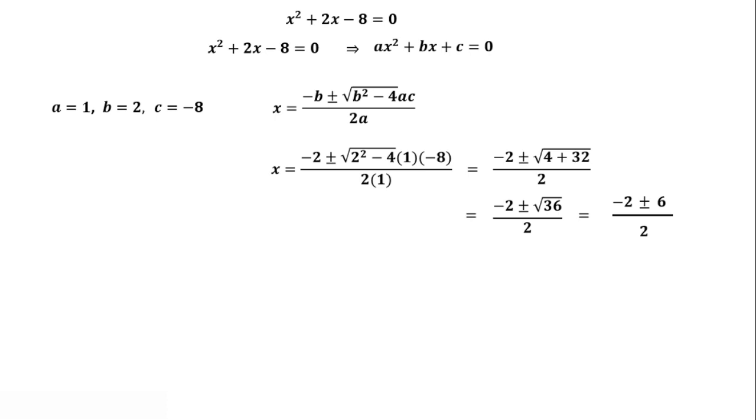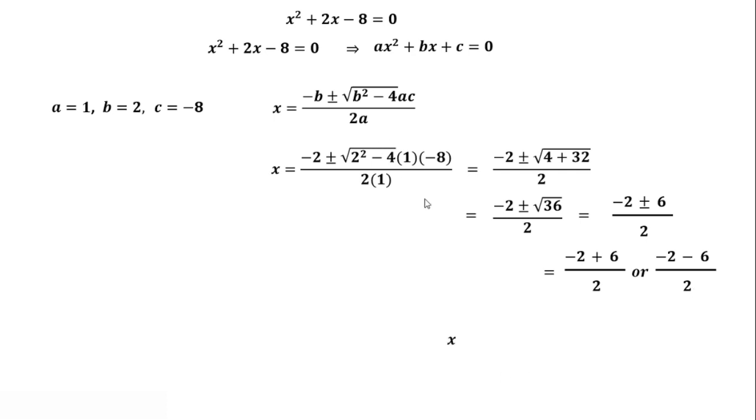So to simplify negative 2 plus or minus 6 over 2, we are going to get negative 2 plus 6 over 2, or negative 2 minus 6 over 2, because of this plus or minus.